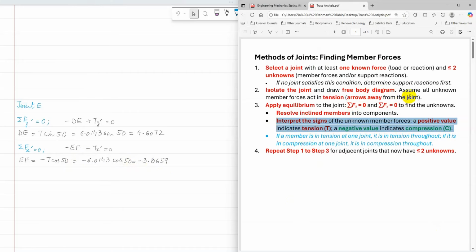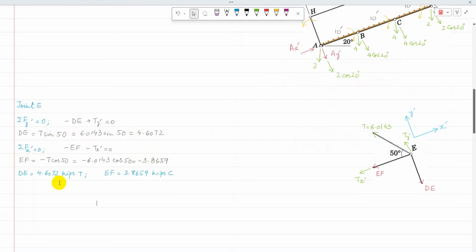Because initially all members were assumed in tension, a positive value indicates tension and a negative value indicates compression. So DE is positive, so DE is in tension, and EF is negative, so EF is in compression. So that is the solution for member forces at joint E. DE is 4.6072 kilopounds in tension, and EF is 3.8659 kilopounds in compression.